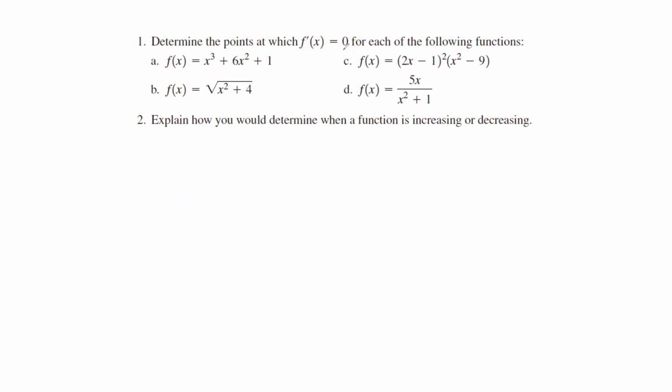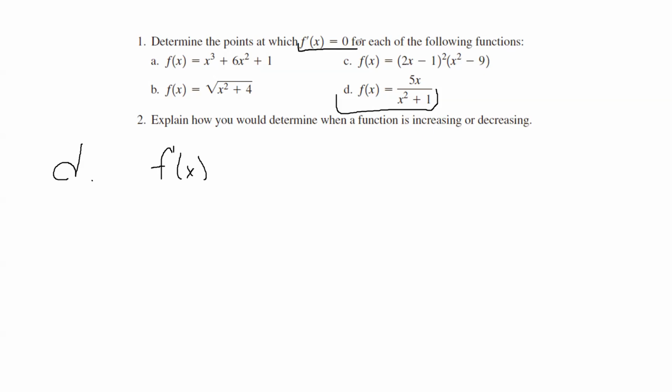So let's pick one. Which one do you like? Let's pick this one with a fraction, where we basically have a quotient rule, right? So let's take a look at D. We need to find the derivative of the function.